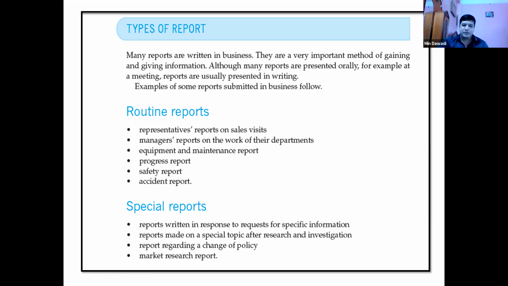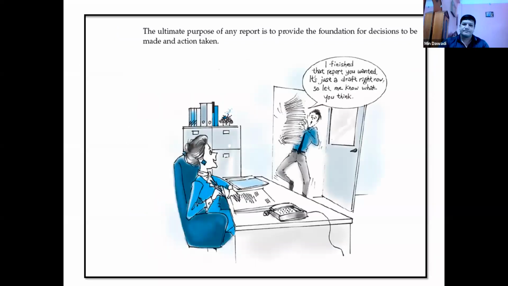They are reports regarding a change of policy. कुनै policy मा change भयो भने हामीले त्यसको पनि report बनाउन सक्छौं. Market research, कुनै हाम्रो particular goods र service को market मा अवस्था के छ भनेर एउटा specific goods को बारेमा मात्रै हामीले research गर्यौं. If you prepare the report, that will be a market research report, and it also comes under special report.